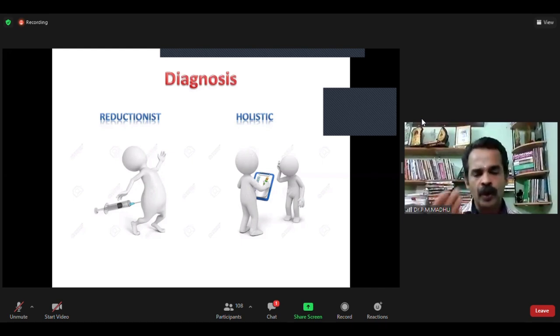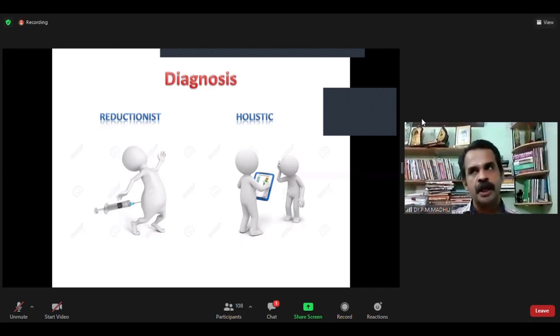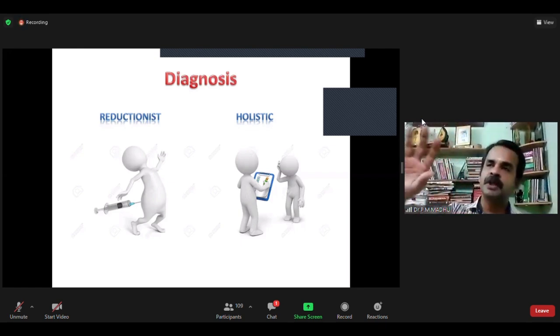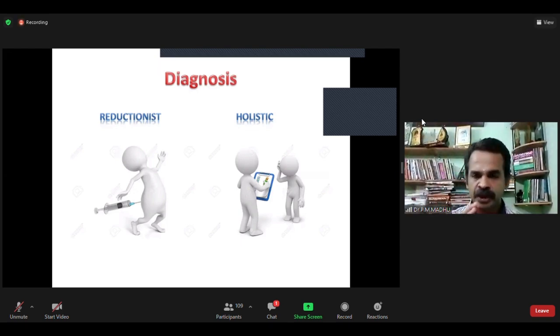So in the holistic way, if we are approaching the patient, we are treating the patient by reversing the samprapti of the patient. In order to reverse the samprapti, we have to identify the samprapti at each level. Samprapti assessment is the diagnostic principle in Ayurveda, not the terminology, or the dosha-dushya involvement, or the investigation only.